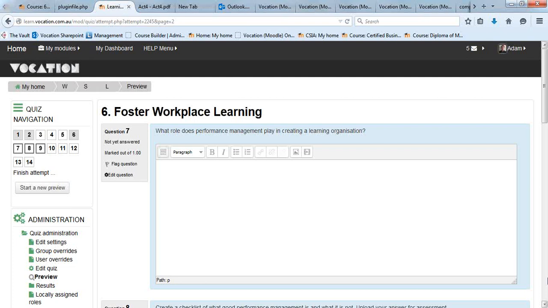I think they're really closely linked. Performance management is definitely a strategy that organisations need to embrace if they are committed to becoming a learning organisation.